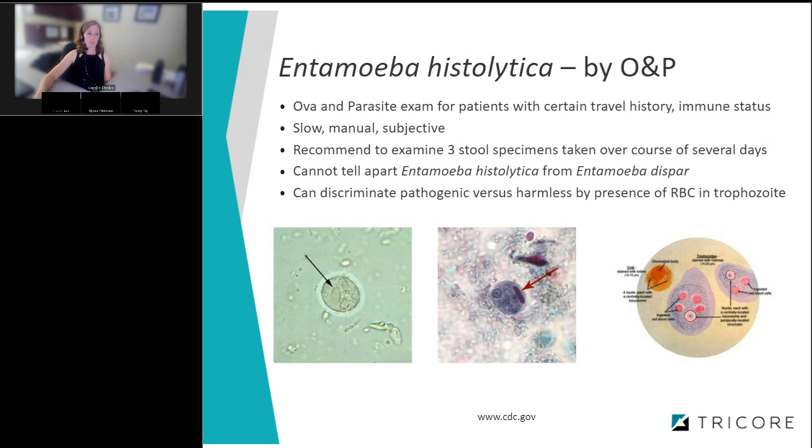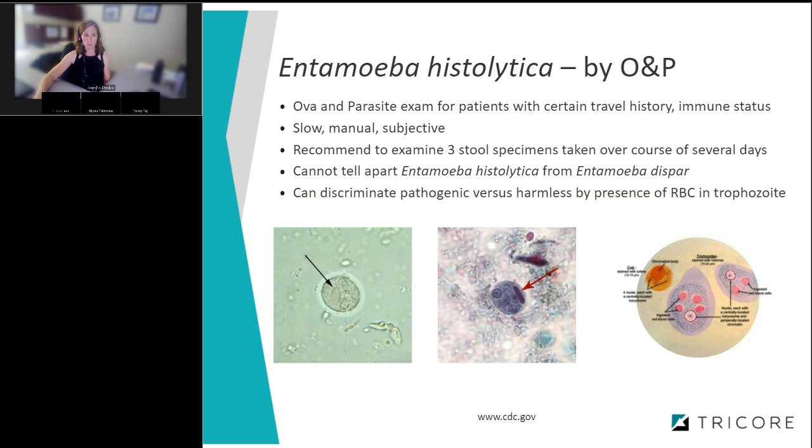Entamoeba histolytica is the last protozoan organism that I'll talk about. We had identified this in our lab primarily by O&P, so an ova and parasite exam. And we would confine this to patients with either a certain travel history, recent immigrants, or people with a compromised immune status. So the O&P exam is actually very slow.